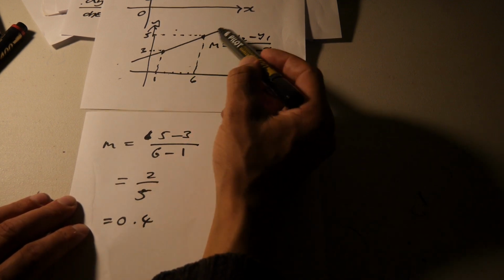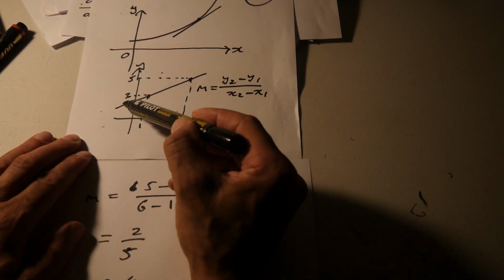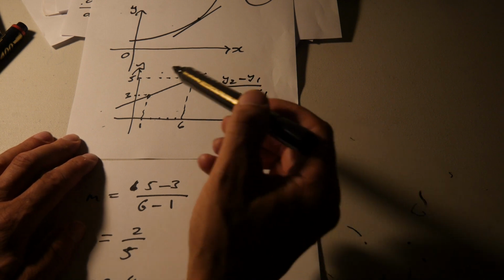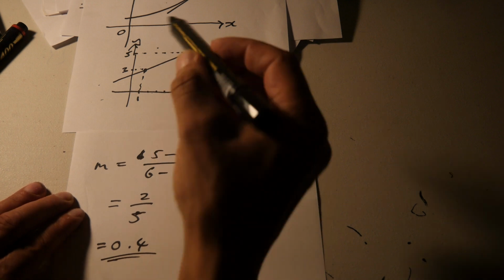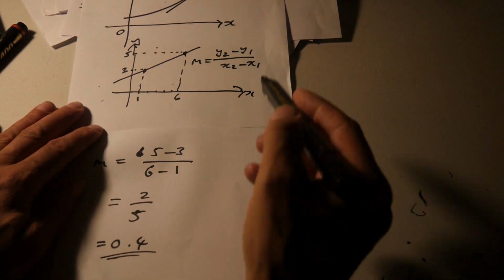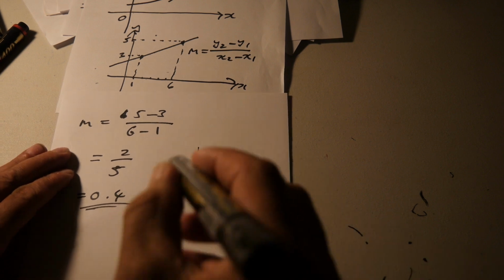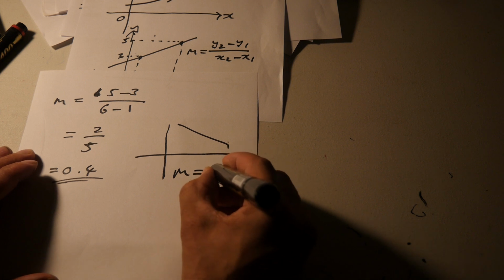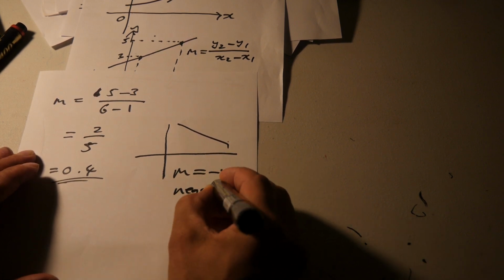So when you have a straight line, you can calculate the gradient easily by going y2 minus y1 divided by x2 minus x1. In this case, it's 0.4, okay? So that's the measure of the slope, okay? If you have a graph like this, and the slope's going that way, then the gradient would be negative, okay?